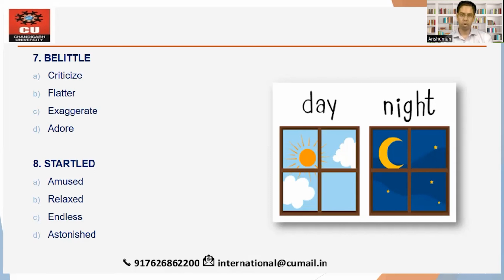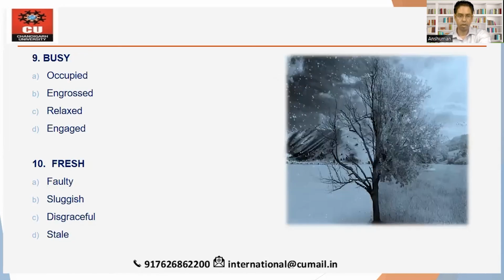But relaxed is the antonym of startle because it means the opposite of what startle actually means. Hence, the correct answer to question number 8 is option B, relaxed. Now let's move ahead and see the last 2 questions.